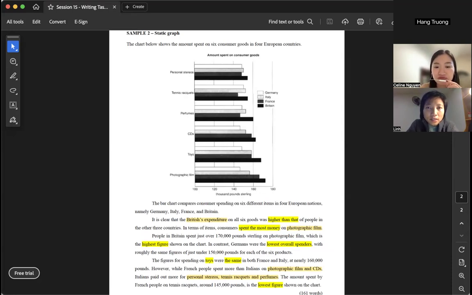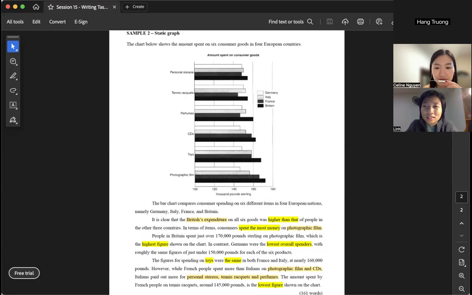Okay, the introduction is still the same as the other. The overall paragraph describes the country that spends the most among the four, and the lowest overall spenders.